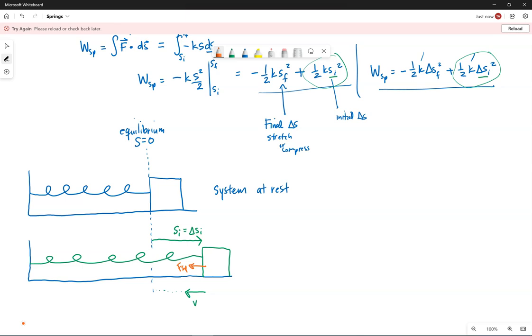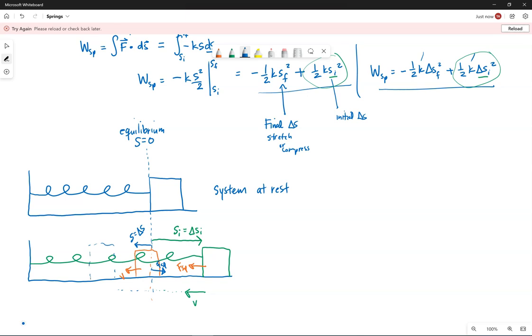But as soon as the mass passes through equilibrium, even just barely, it's still moving to the left, but the force of the spring will then be to the right because the compression S or delta S is now negative, so the force becomes positive, which means the spring is going to slow the mass down until the mass stops.